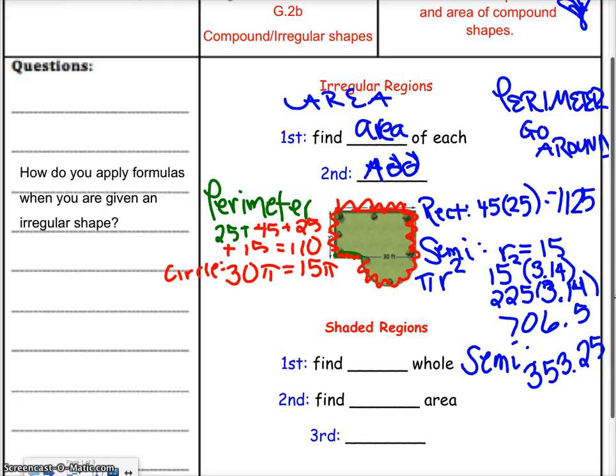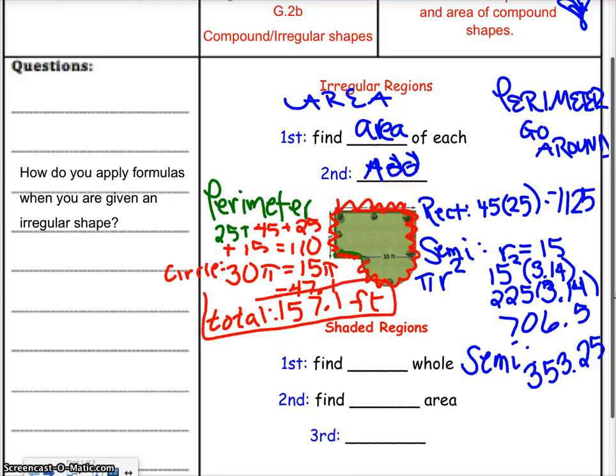Now I'll go 15 times 3.14, 47.1. Grand total, add them up, 110 plus 47.1 is what, 157.1 feet.